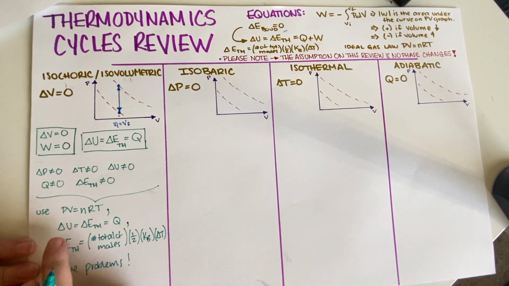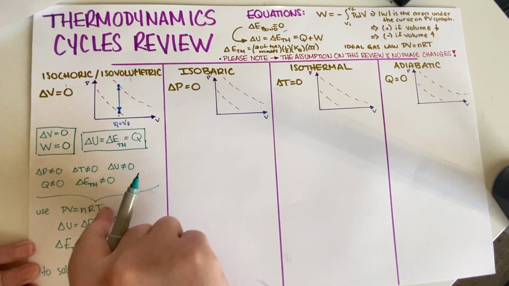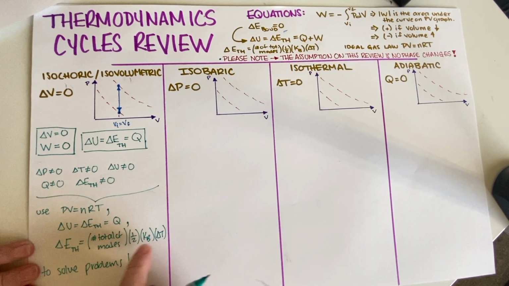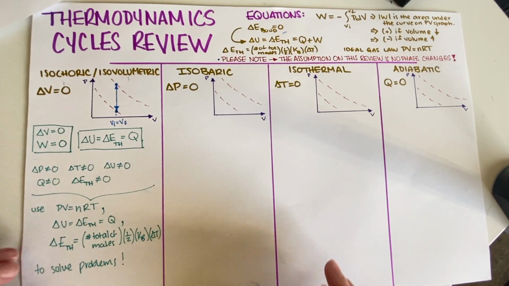So say that they ask you for internal energy and you have the initial temperature. Well, you can find the final temperature from here, put it over here, then get it over here. These are the equations that you would use.